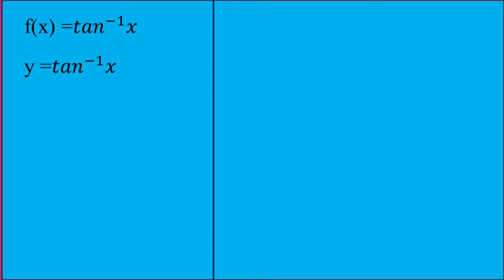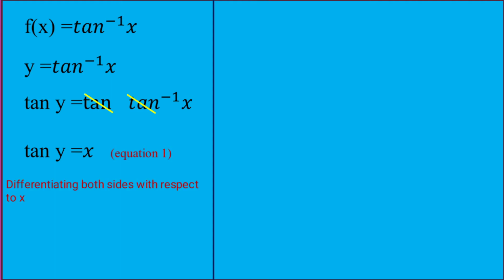By the multiplication rule of equality, we can take the tangent of both sides of the equation in order to cancel them, because we have negative and positive 1 as our exponent. So our equation becomes tangent y equals x. This is our equation 1.